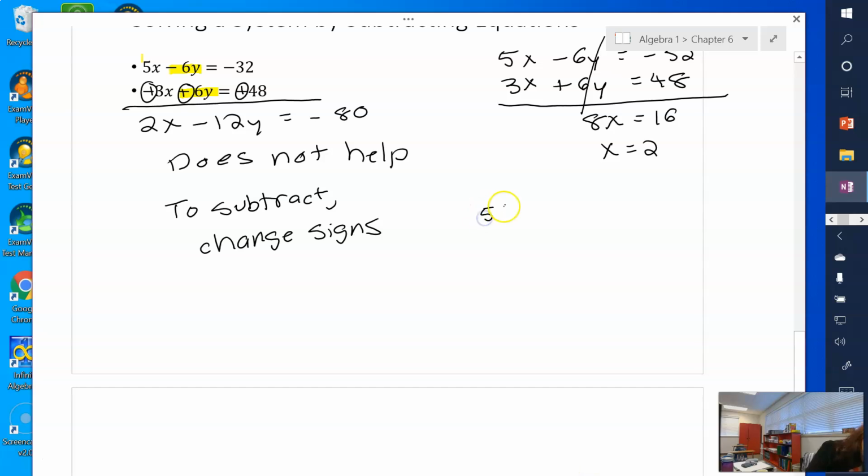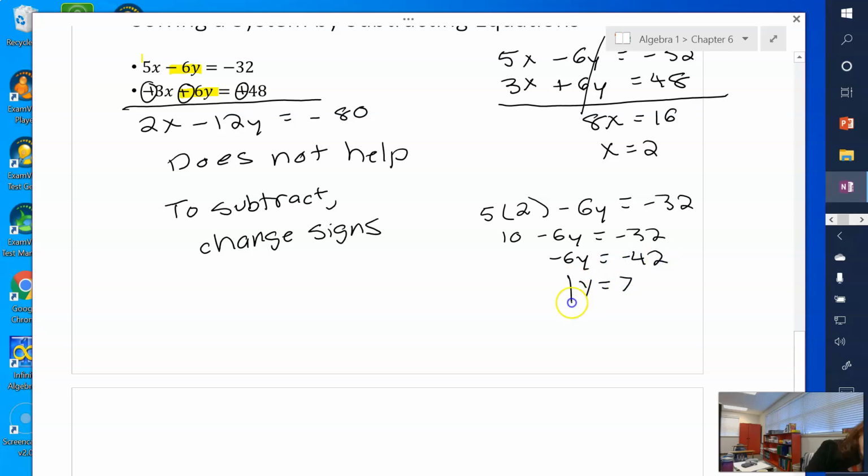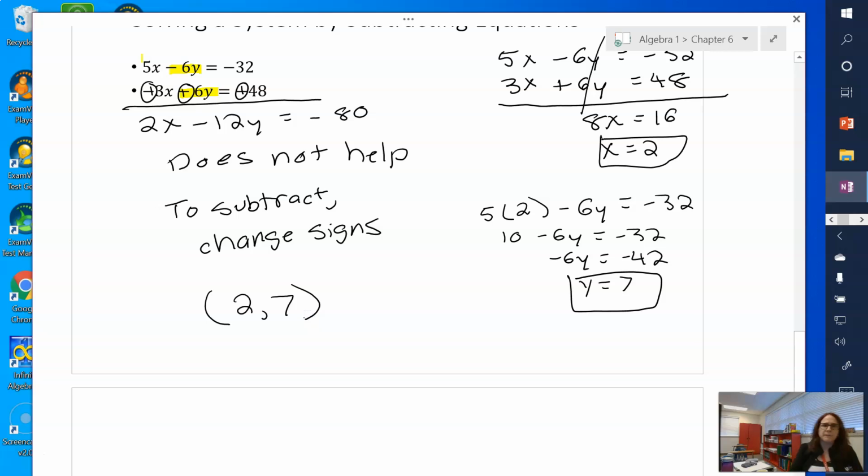So I'm going to use the first equation, 5 times 2 minus 6y equals negative 32. So I'm going to get 10 minus 6y equals negative 32. So now my answer for this one is 2, 7.